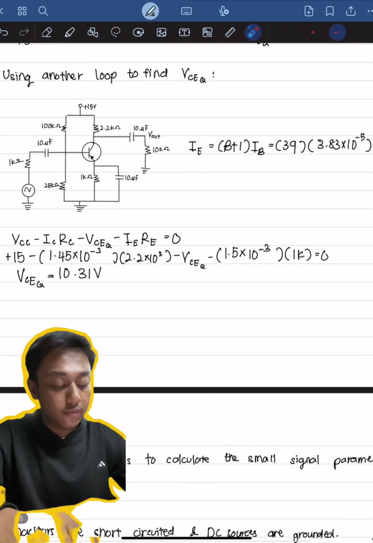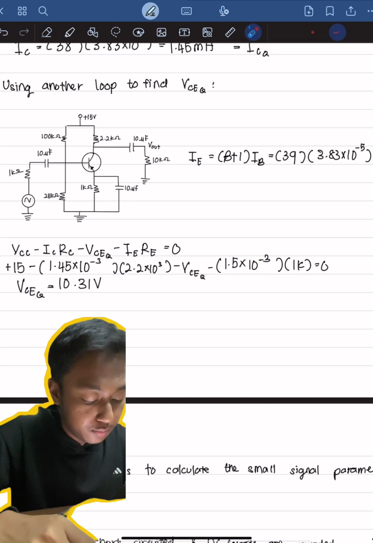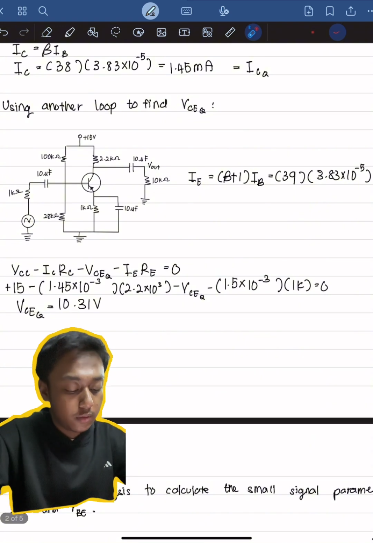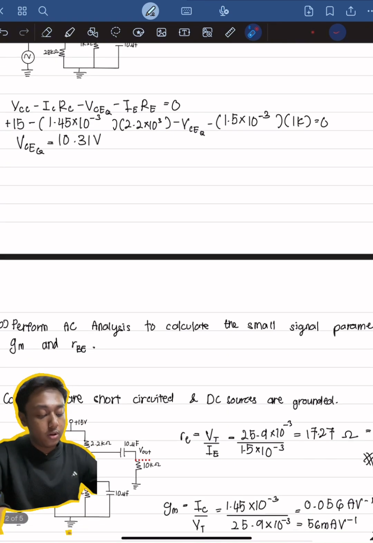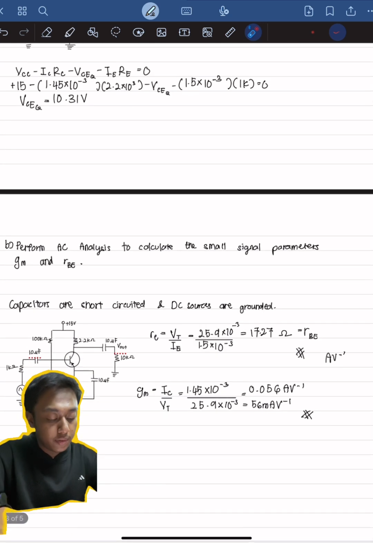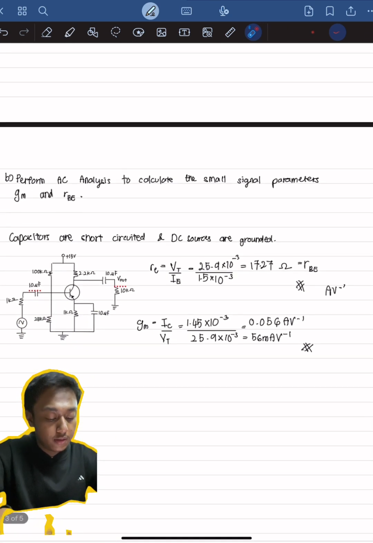Then we can straight away find the VCEQ, which is 10.31 volt.